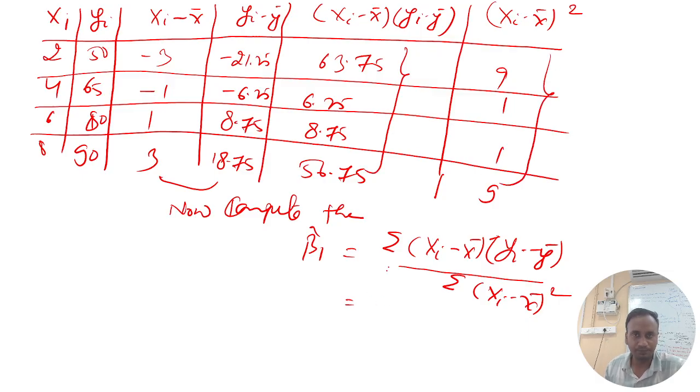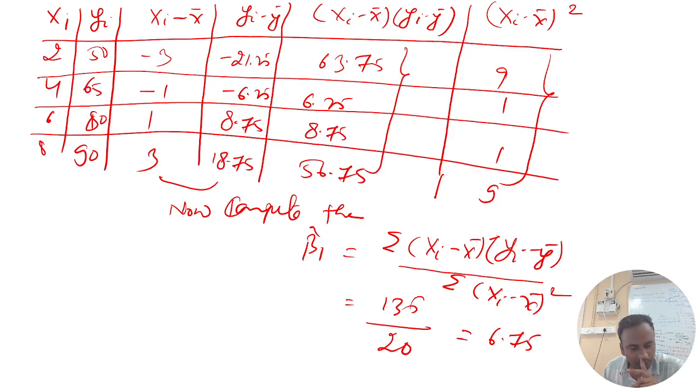The numerator sums to 135, and the denominator sums to 20. It will come to 6.75. Is it correct?